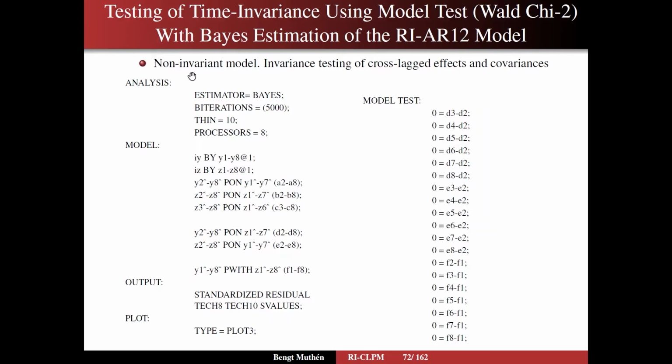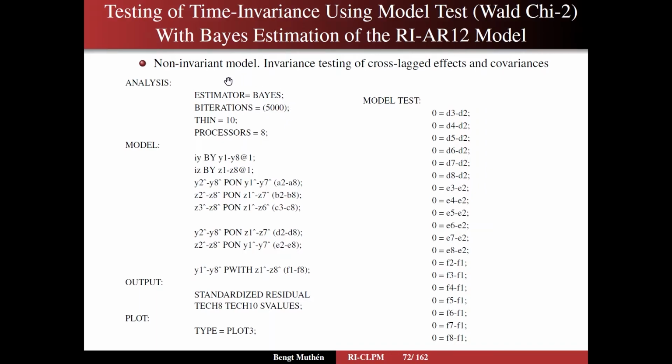So we run a non-invariant model, but then do the invariance testing of cross-lagged effects and covariances. I choose the cross-lagged effects and covariances only for testing because I'm interested in the bivariate interaction between the two processes. You could also test invariance of the autoregressive coefficient across time for each process, but maybe that's of less interest. All of that can, if it holds, stabilize the estimation and bring smaller standard errors.